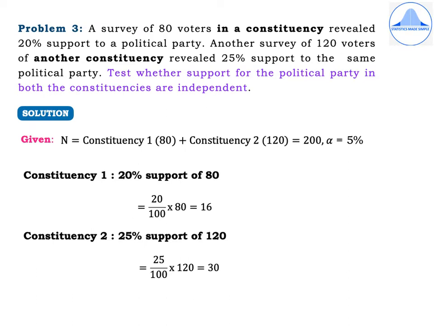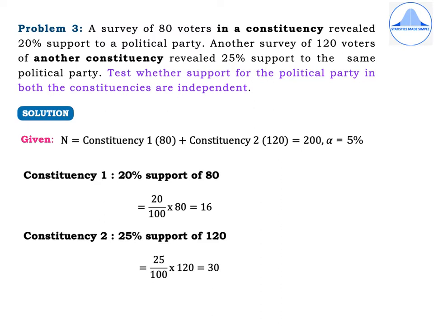Now they have mentioned that in the first constituency there is 20% support to a political party. So we need to find out 20% support of the total number of voters, which is 80. So it is calculated as 20 divided by 100 into 80, which is equal to 16.